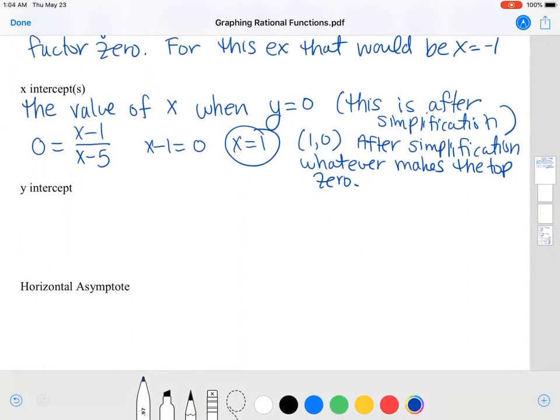Okay, for the y-intercept, that's the value of y when x is equal to 0. And again, this is after simplification.